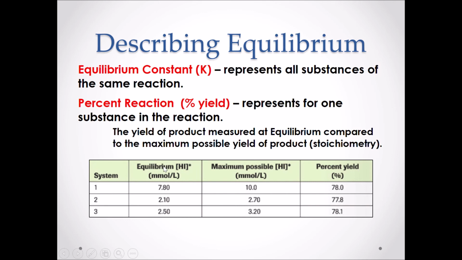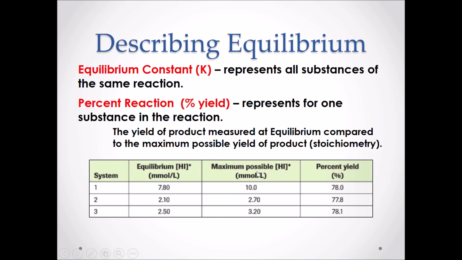For example, we can think of this as percent yield, where our equilibrium value would be our actual value, and our maximum possible value would be the theoretical, which we could calculate using stoichiometry.